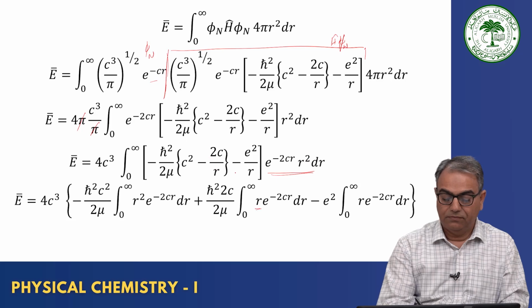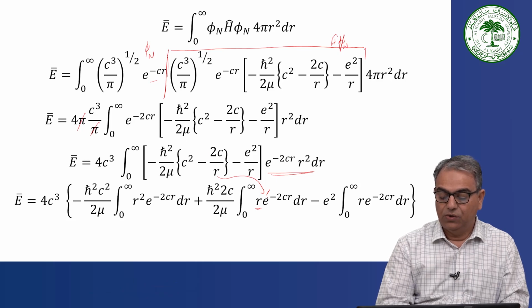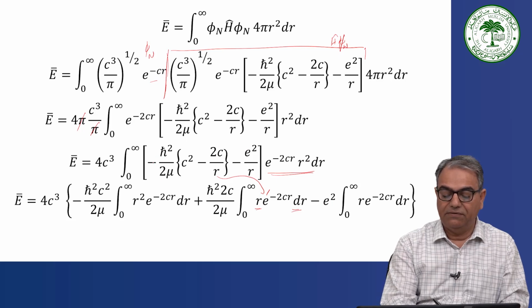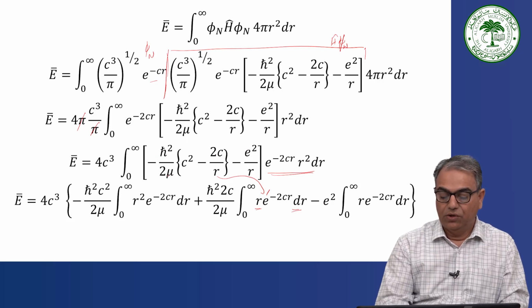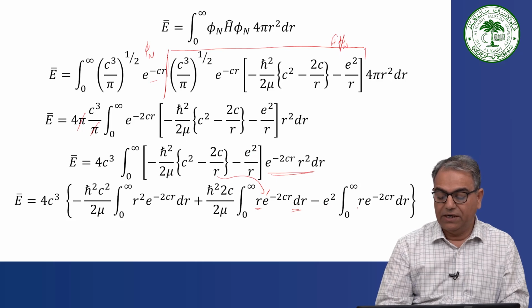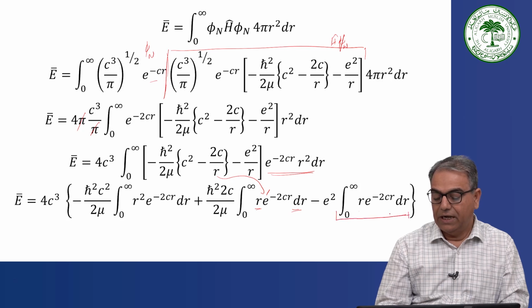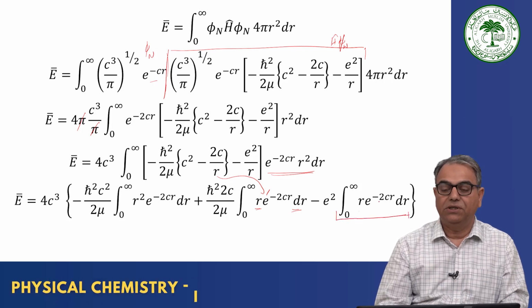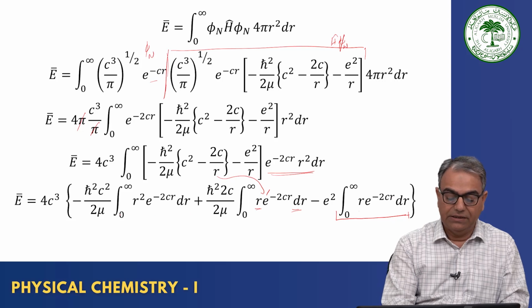If you apply 1 by r multiplied by r square, it will be r exponential minus 2cr dr. Okay. Then for this term, what you have, minus e square, because for this you don't multiply with minus h cross square divided by 2 mu. So you multiply e square, and then again 1 by r multiplied by r square will give you r. So two different kinds of integral you have. One is 0 to infinity r exponential minus 2cr dr, and another is r square exponential minus 2cr dr.